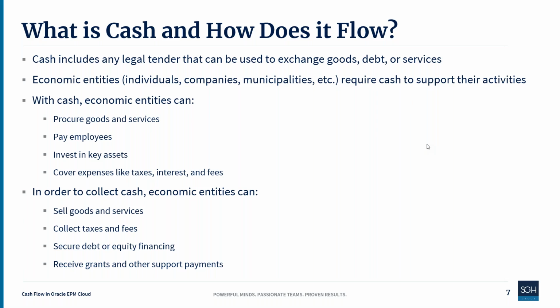With cash, you can procure goods and services, pay your employees, invest in assets, and cover other expenses, your taxes, your interest, fees, etc. In order to collect cash, you can sell goods and services, collect taxes and fees, secure financing, and receive grant or other support payments. You get cash, you spend cash. These are the different ways you can get to it.